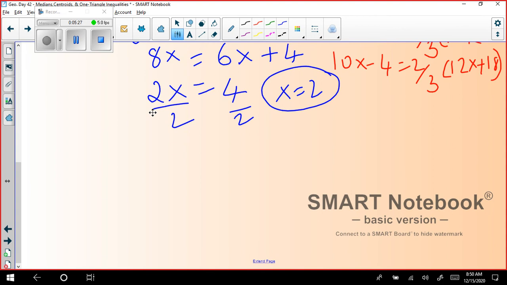So once again, 12 divided by 3 is 4 and 18 divided by 3 is 6. I'm only simplifying the right hand side as of now, and 2 times 4 is 8 and 2 times 6 is 12.